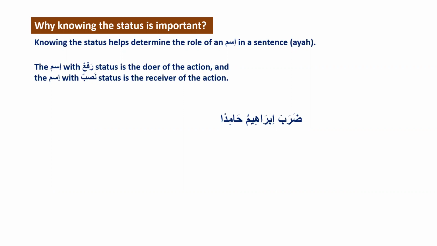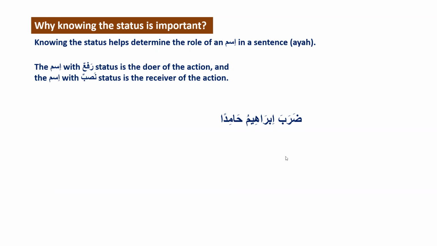It is rafa because it is the doer of the action. No, don't go there. We are not talking about that yet. Just tell me the status. Rafa. So Ibrahim is rafa. Why is it rafa? Because it ends with a pesh, the ending haraka is a dhamma or a pesh.